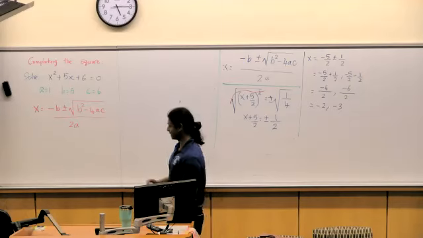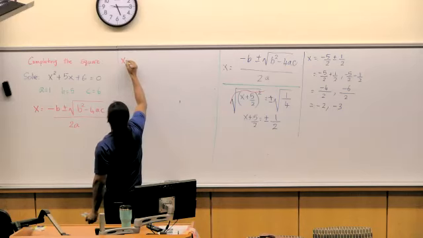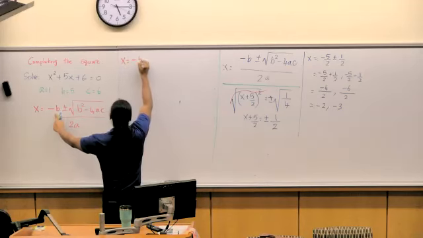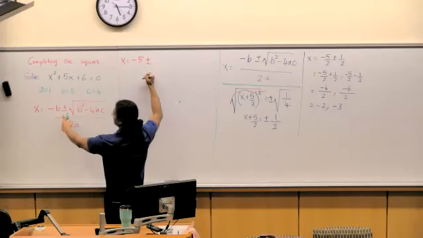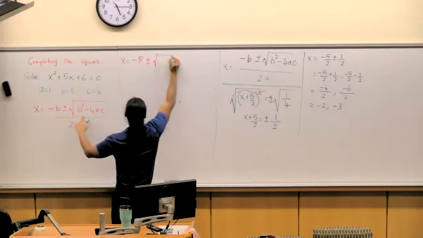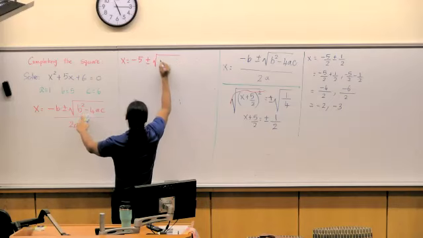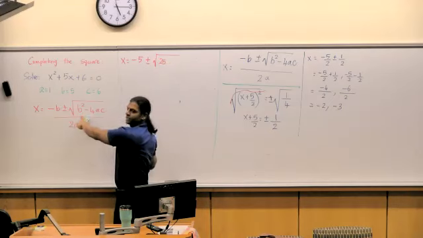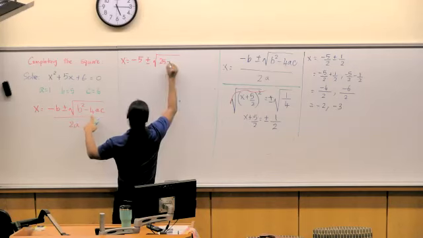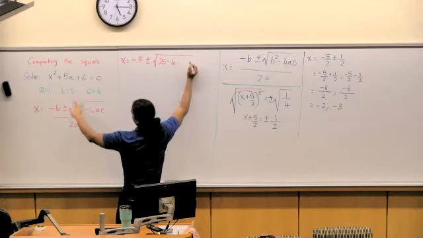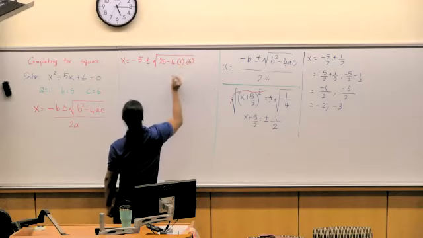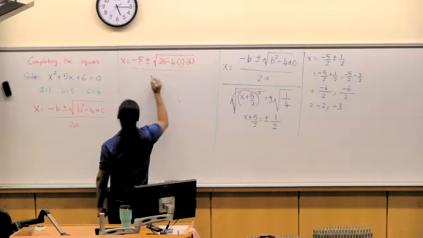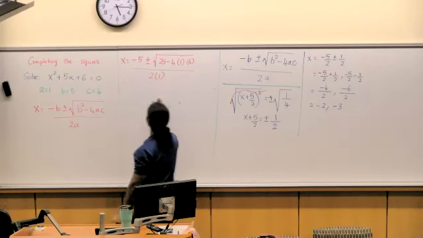I'm going to plug in the values. B is 5, so negative 5, plus or minus square root of b squared, 5 squared, 25, minus 4 times a times c, divided by 2 times a.